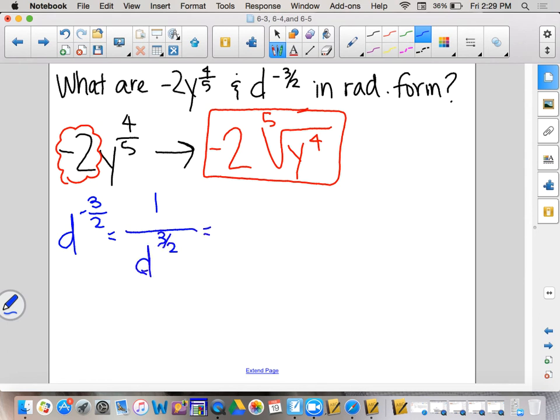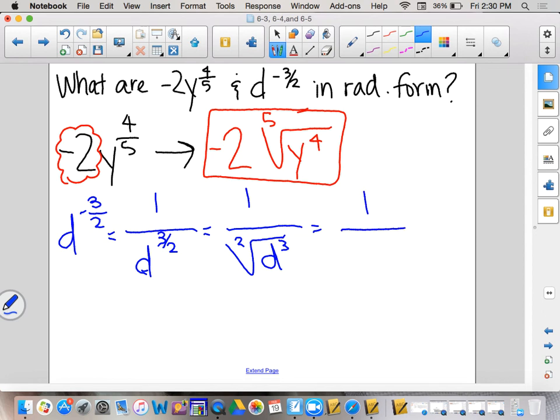Now I need to take it and put it into radical form. What's my radical going to read? So that's going to be my 2. That's going to be my n. D to the 3rd. Can I reduce this at all?